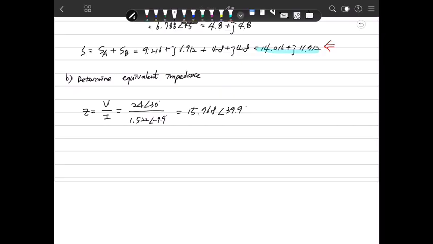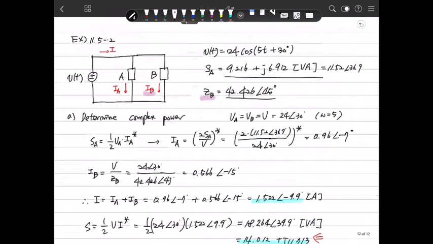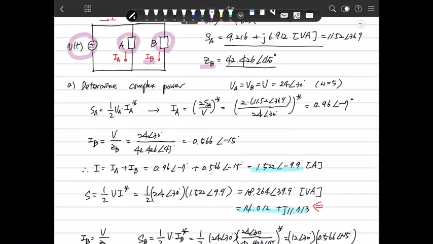So we need to know here, in this case, the power supplied from this source is provided to this impedance and this impedance.